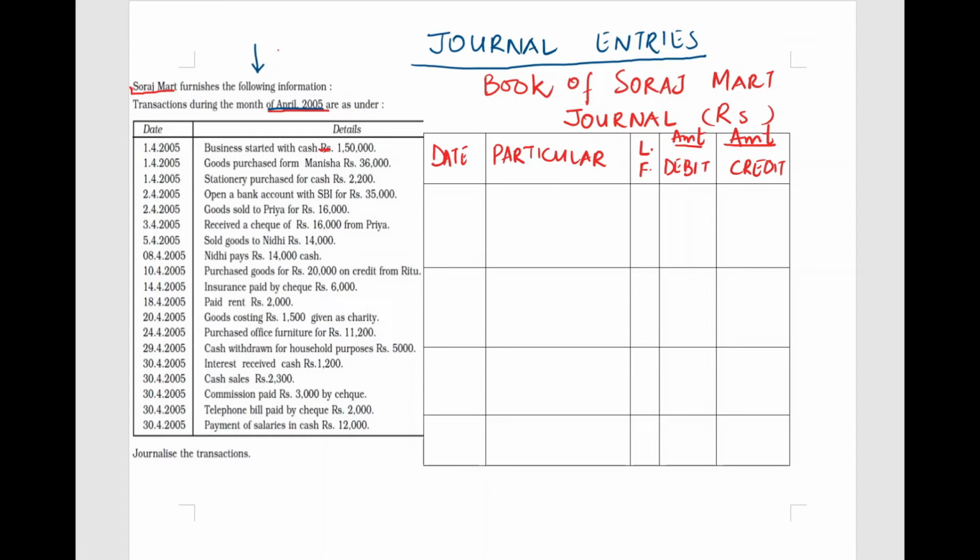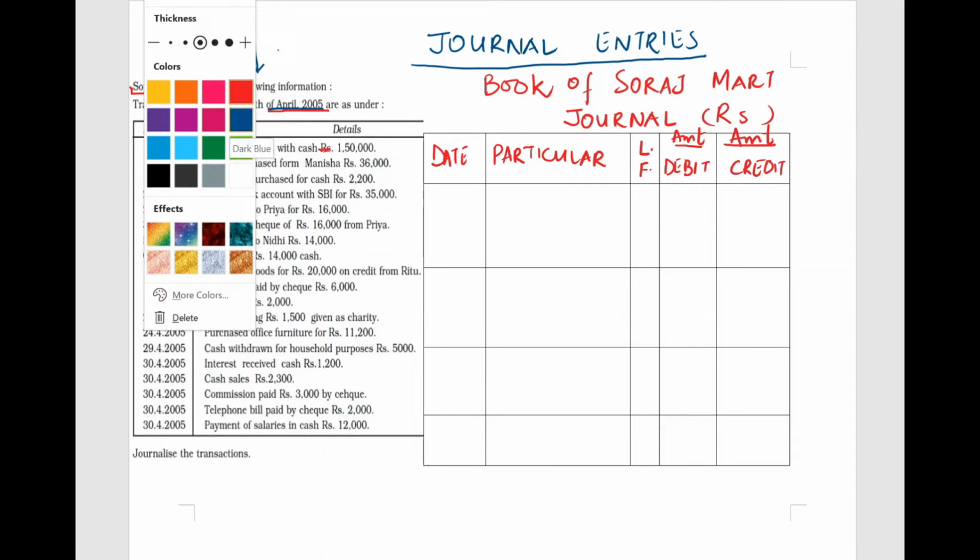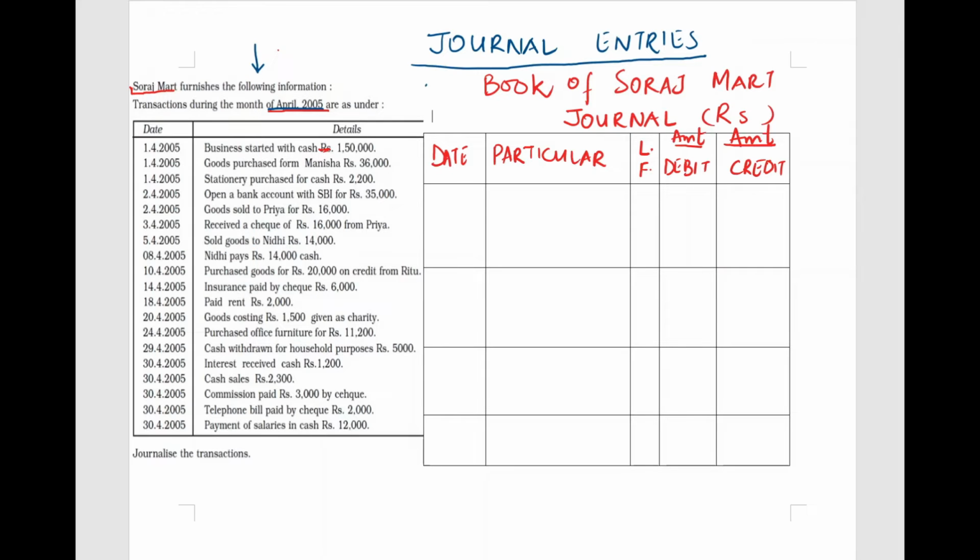All right guys, so I'll be beginning my entries. My first entry is as on 1st April. So I will write here 1/4/2005. Business started with cash rupees 1,50,000. So business is starting. Suraj brings in money. So what comes in? Debit what comes in. So I'll say cash account debit.